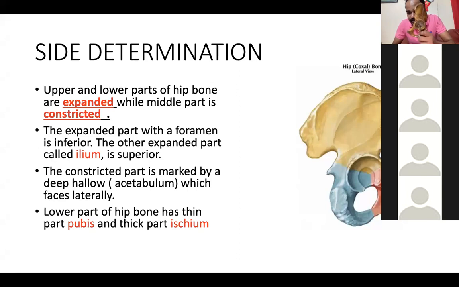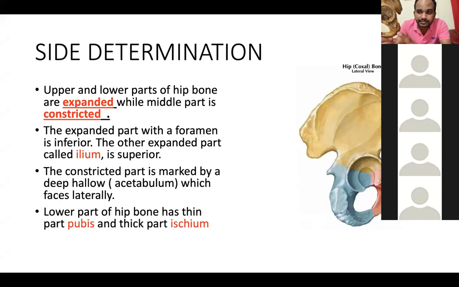Are you able to see the video of mine? This upper expanded part, which is called the ilium, has to be placed above. This lower expanded part with the foramen has to be placed inferiorly. This acetabular fossa has to face laterally. This thin part, which is called pubis, has to be placed anteriorly.